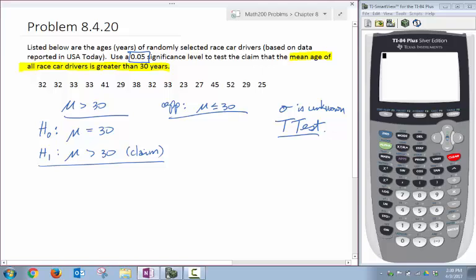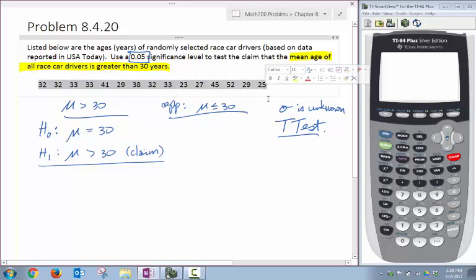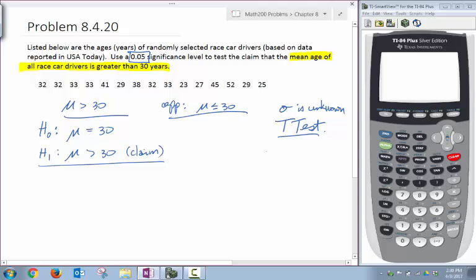The t-test on a calculator allows us to input the data set into our calculator, and then have the calculator figure out the rest of our statistics. Normally we would need to find some values for t and compare it to the proposed mean, using the sample mean, the standard deviation and the sample size.